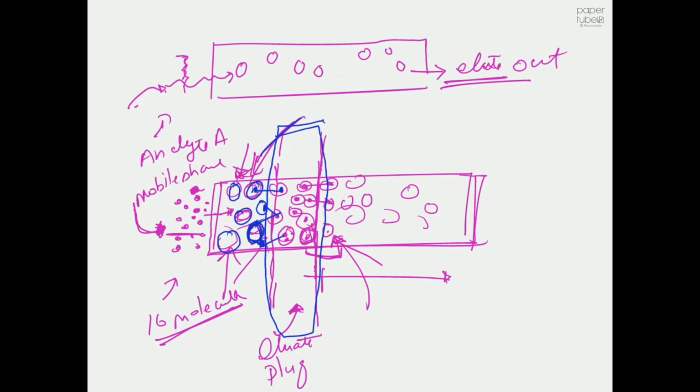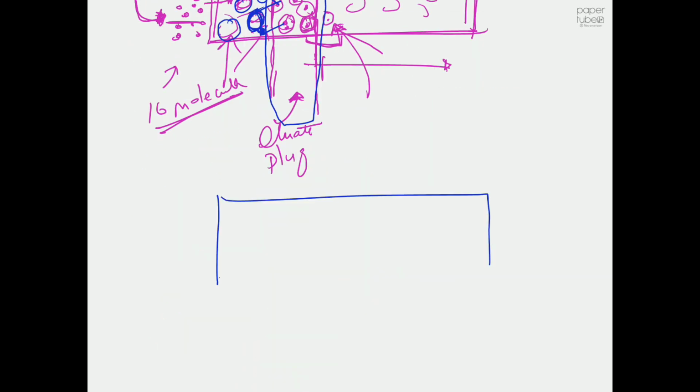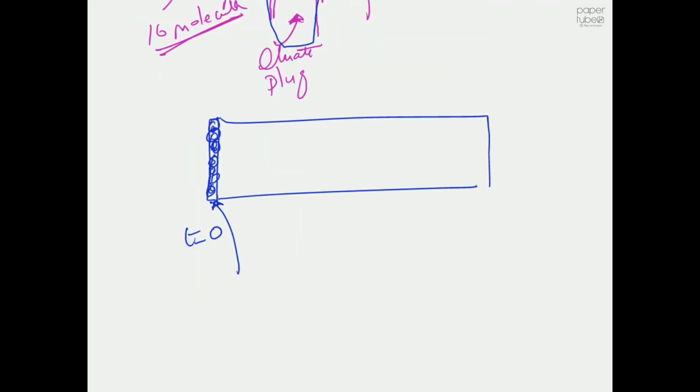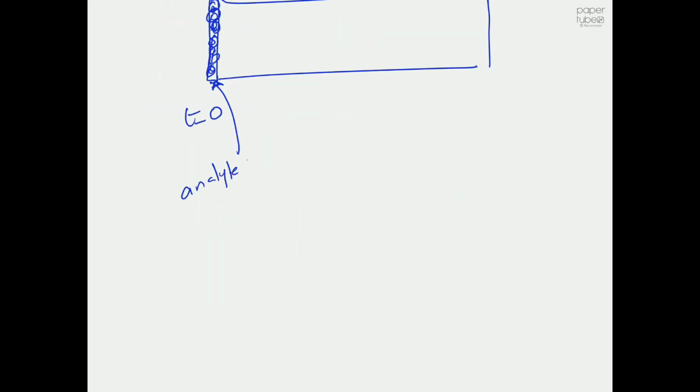So what we are learning at this moment is, say at time t equal to 0, we place a very concentrated plug of analyte molecules. Say this is an analyte plug, highly concentrated.